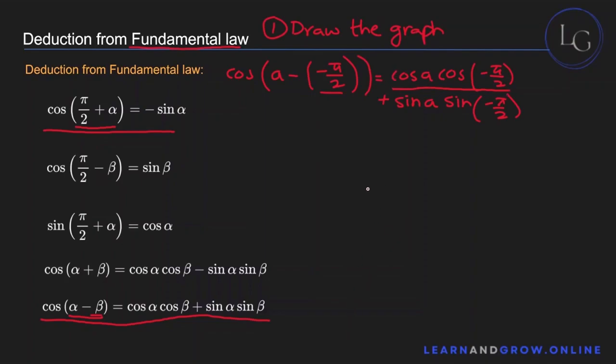If you remember, the graph of the cosine function is something like this, right? Since we're dealing with the negative axis as well, the graph of the cosine function looks like this.